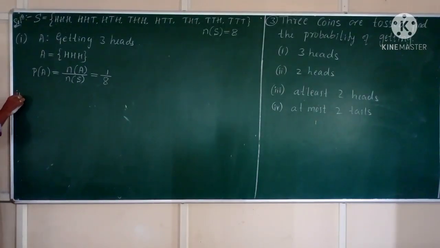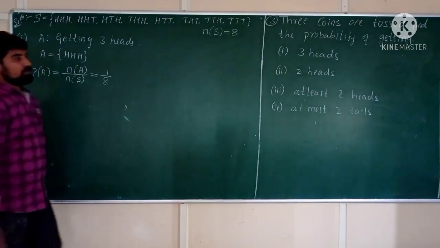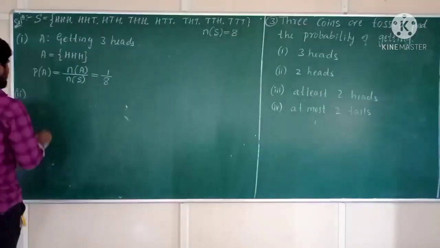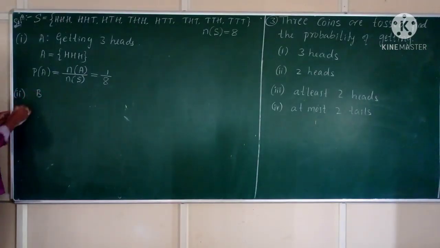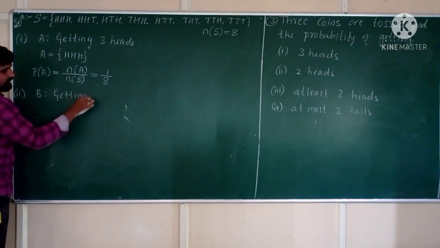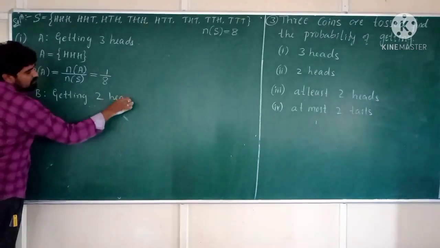Now the second question. We need to find the probability of getting 2 heads. So let us define the event. Let B be the event which is defined by getting 2 heads.